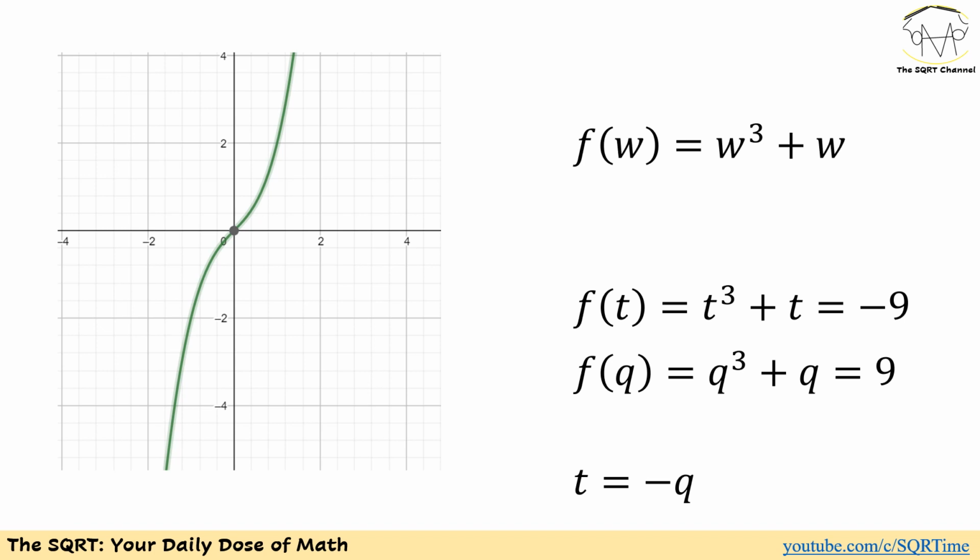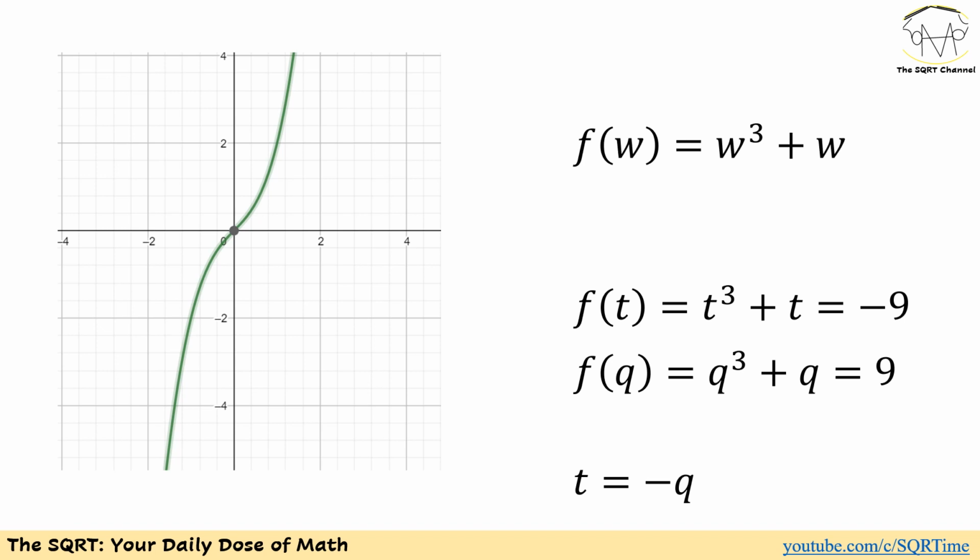So let's say we have f(t) = -9 and f(q) = 9. So first of all, you can say that t and q are basically negative of each other because the function itself is an odd function, and also it is an increasing function. So you can say that t = -q.